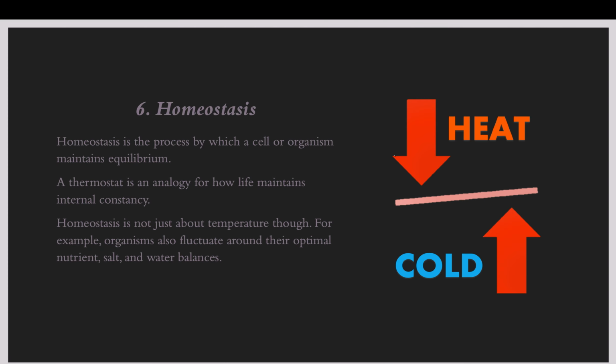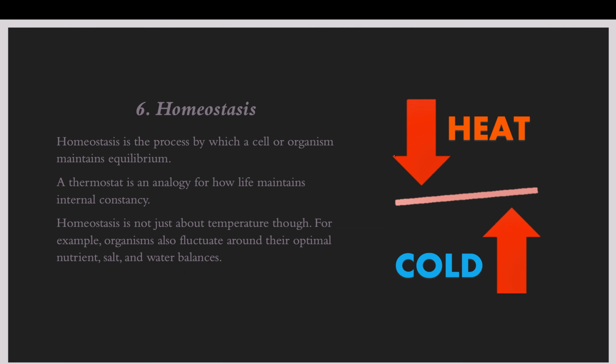So the 6th property of life we're going to discuss is homeostasis, which I'm sure you've heard this word before. I tried to give you an image here on the right that shows a very basic understanding of homeostasis. Homeostasis is the process by which a cell or organism maintains equilibrium. A thermostat is an analogy for how life maintains its internal consistency.